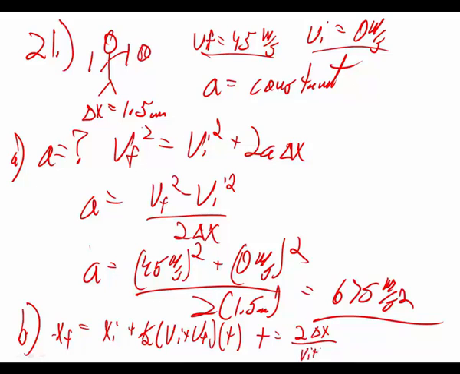V initial plus V final. So we've got 2 times 1.5 meters over what? 45 meters per second. And we get a time of 0.067 seconds. Right?